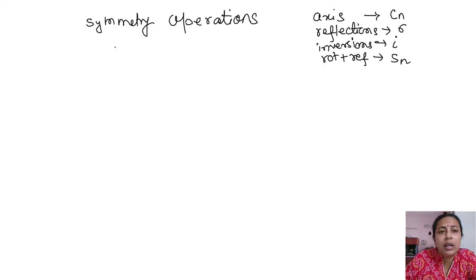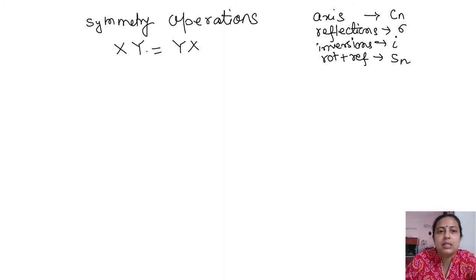Now, it has to be remembered that in a particular point group molecule, the symmetry operations do not necessarily always commute. Commutation means xy equals yx. Do not take it as a simple arithmetic product. It is not a product of x and y.